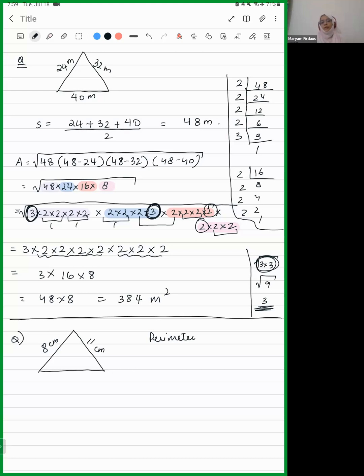The third side is not given to you, but the perimeter is given to you as 32 centimeters. You have to find the area of this triangle.